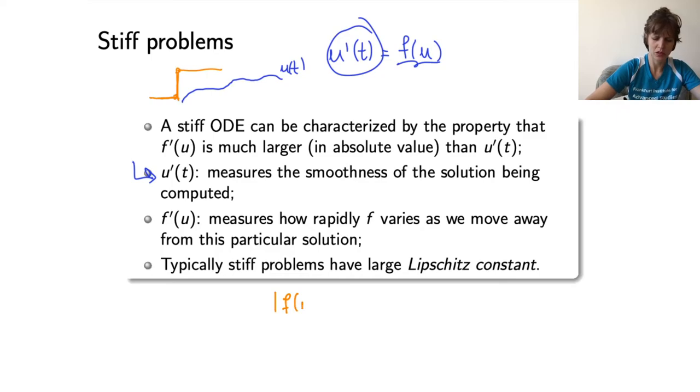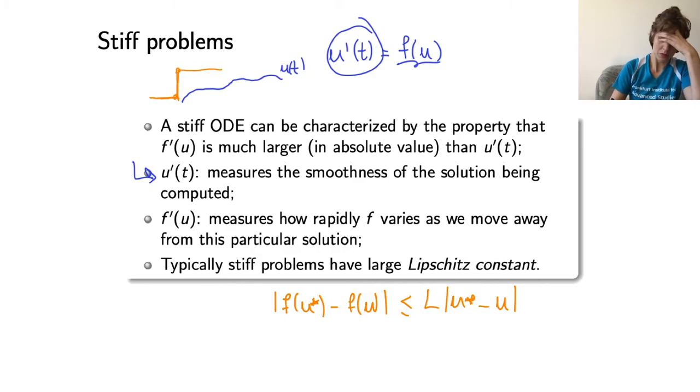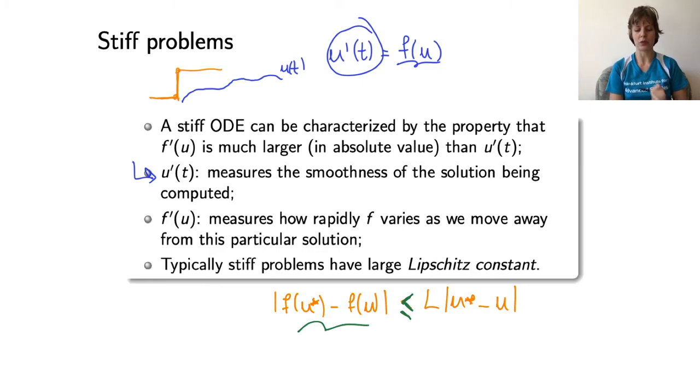For some points, the norm of F of U star minus F of U is smaller than some L times the norm of U star minus U. So for this inequality to hold, that is, the variation of F to be smaller than the variation of U itself, L should be big, okay?